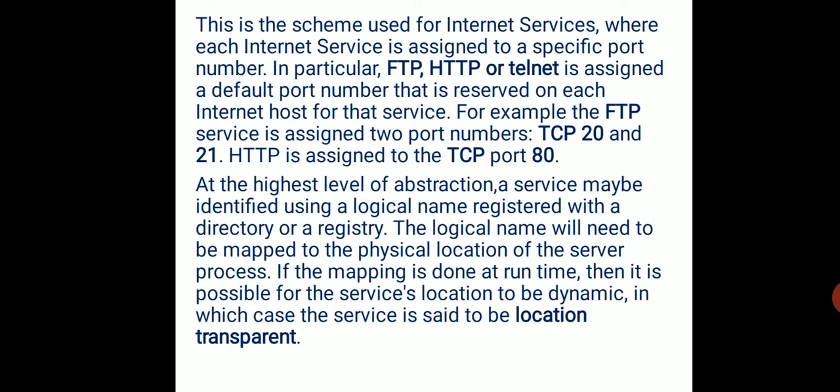At the highest level of abstraction, a service may be identified using a logical name registered with a directory or a registry. The logical name will need to be mapped to the physical location of the server process.